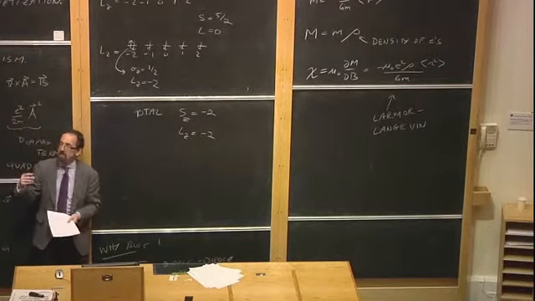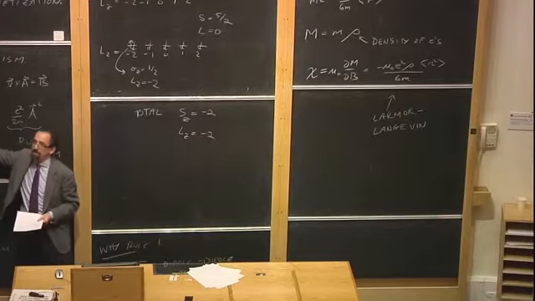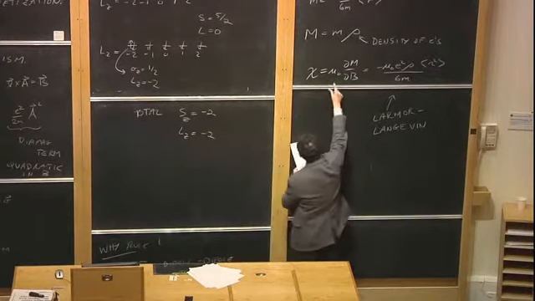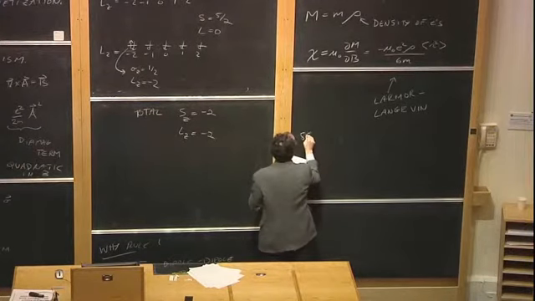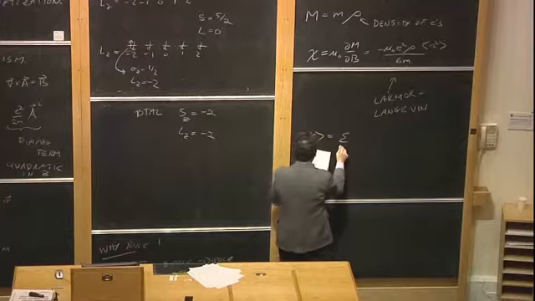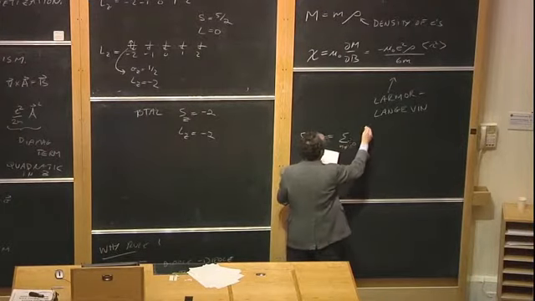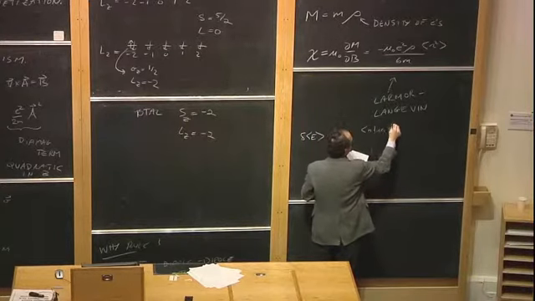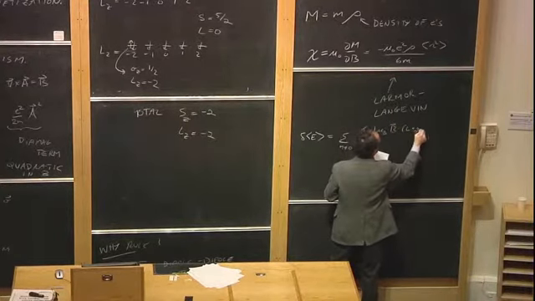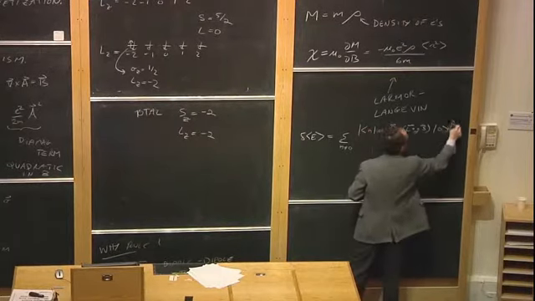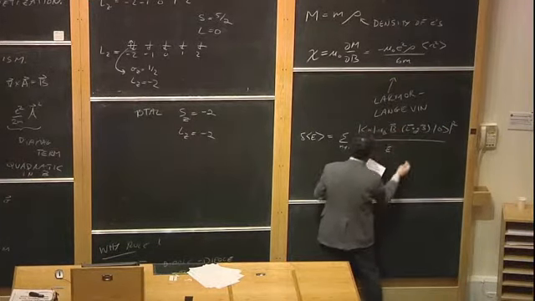But actually, we should be a little more careful that we should worry about this term at second order as well. If we were careful about it, we would have to also write some term that looked like this, second order perturbation result, n not equal to 0, of the matrix element of mu B B dot (L plus g S) between 0 and n, squared, over E0 minus En. This is also quadratic in magnetic field.